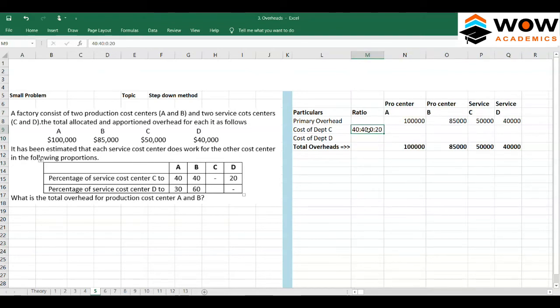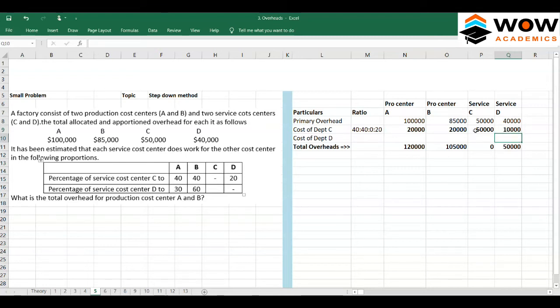So C would become minus 50,000, and for A it would be 50,000 into 40 divided by 100. So it is 40 and 40. The 0 means there is no allocation, and finally for D it is going to be 20. So we have now allocated it.